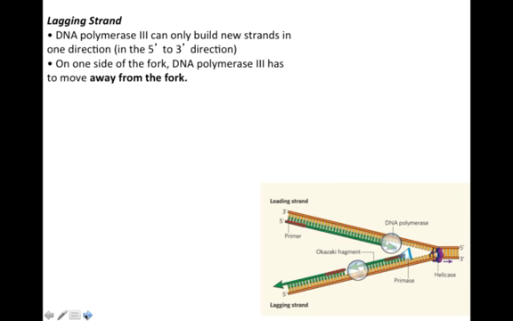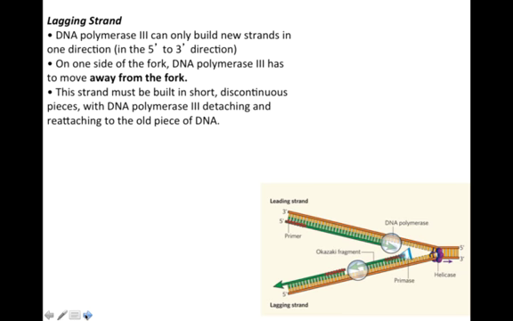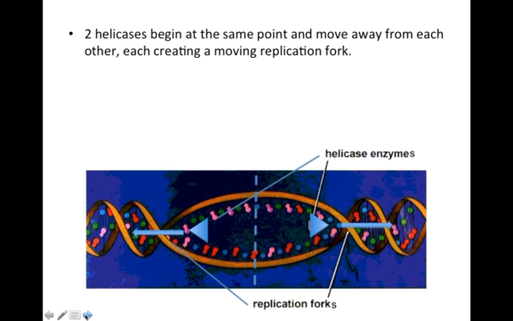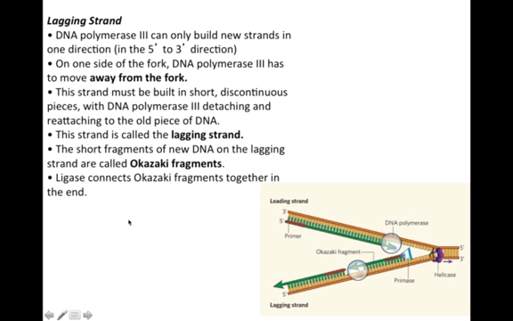Now, if we look at what we call the lagging strand, that would be the other strand of DNA. On the lagging strand, the DNA polymerase can only build the new strand, remember, in the 5 to 3 direction.